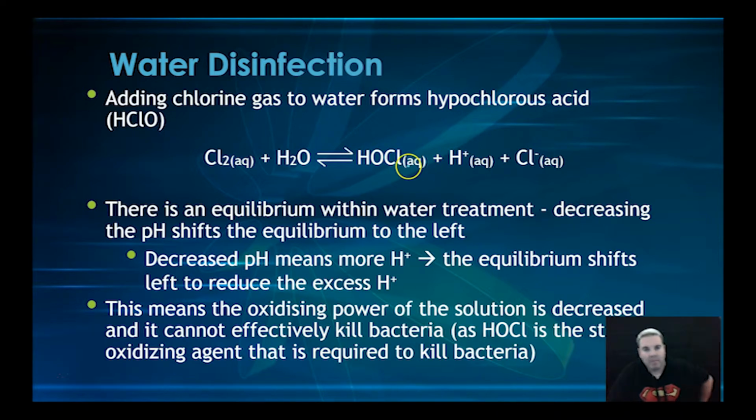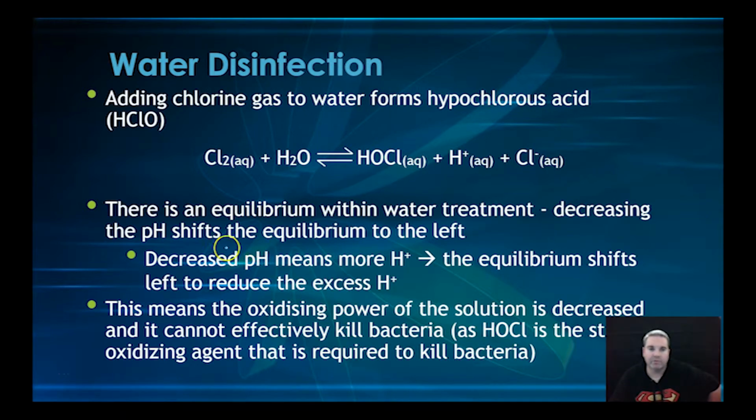Now there's an equilibrium within this water treatment, alright, and one of the things you'd be expected to do is be able to talk about the effect on the equilibrium when you change the pH. So I suggest if you haven't got a good grasp of equilibrium, you go back and watch some of those videos to understand the whole process and principle of Le Chatelier's principle, where an equilibrium shifts to counteract a change imposed upon it.